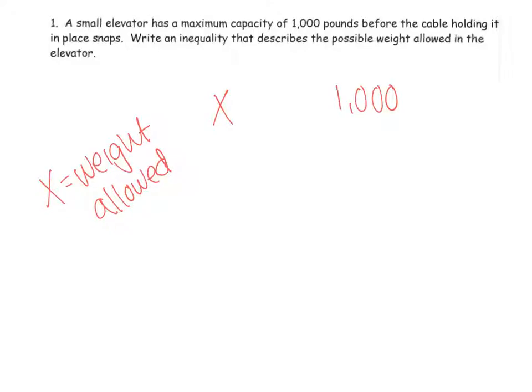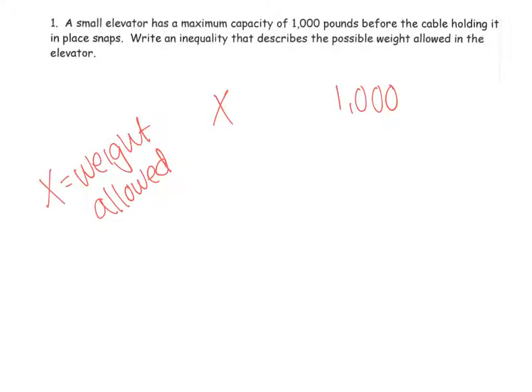So can we fit like 1,500 pounds? No. Can we fit 2,000 pounds? No. So it can't pass 1,000, right? So what inequality symbol would I use to represent this scenario? Fernando?